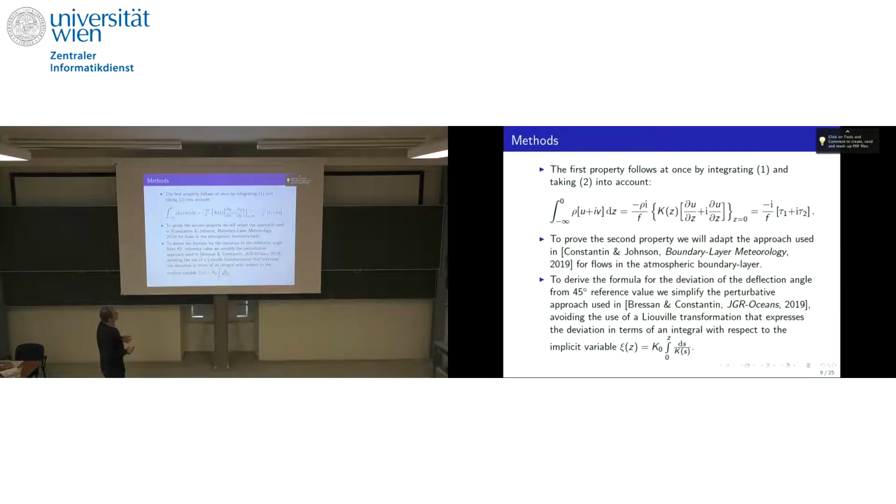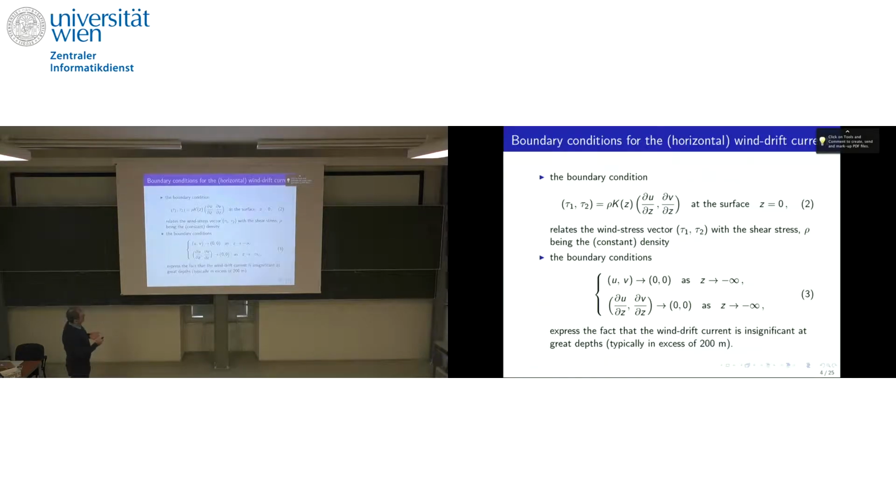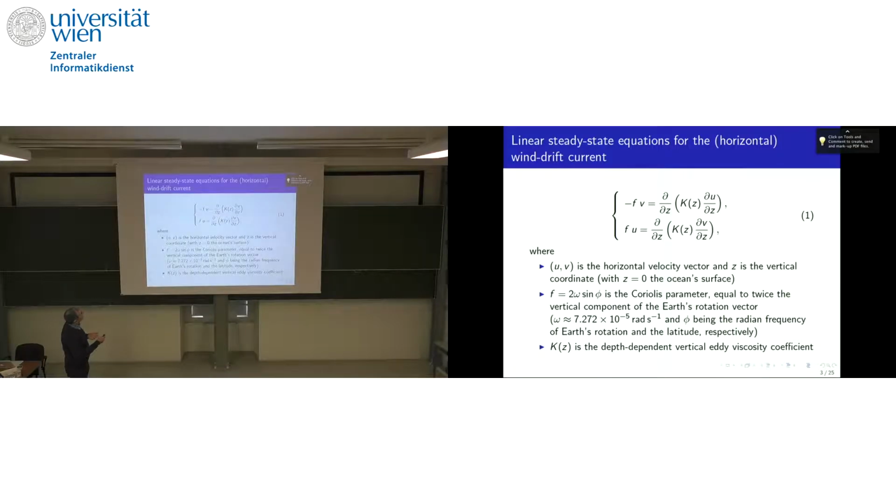And for the formula, I will adapt and simplify an approach developed with Bressan. What I am going to present is simpler, because with Bressan we took this governing equation, with a weight here, and used a Liouville transformation to transform it into a standard form.